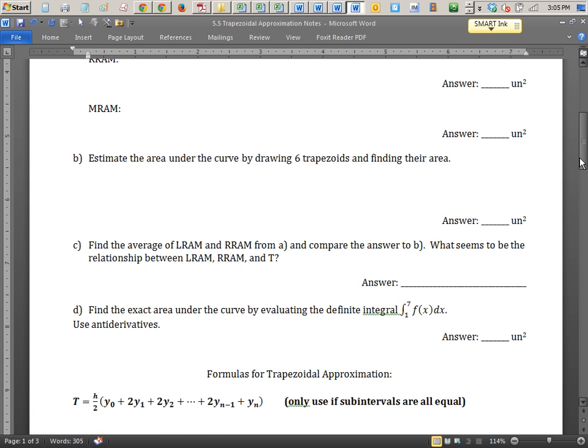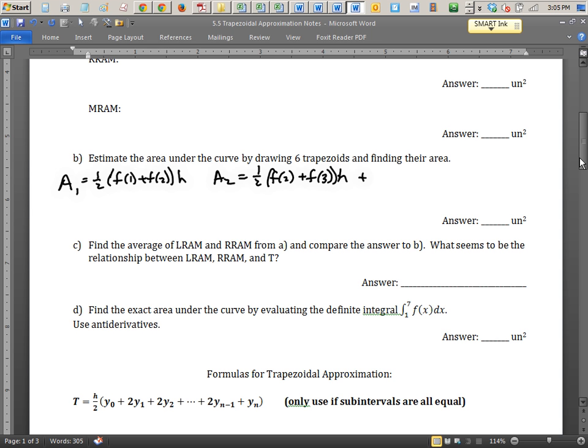Okay, so the area of the first trapezoid is going to be 1/2 times f at 1 plus f at 2 times the height. The area of the second trapezoid is 1/2 times f at 2 plus f at 3 times the height, and so on.